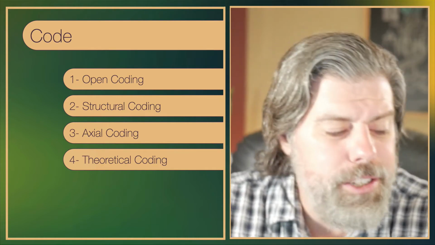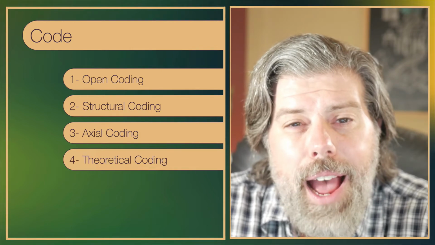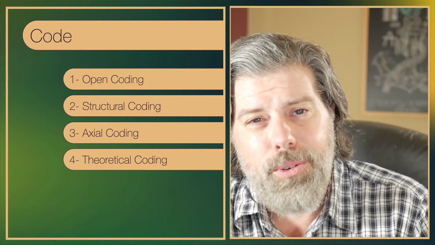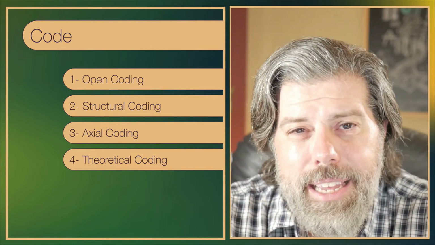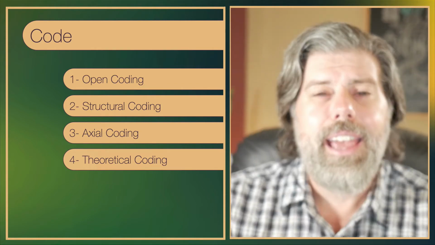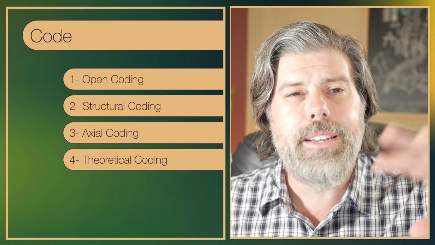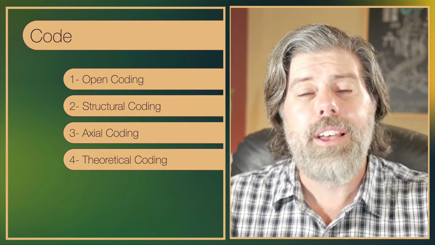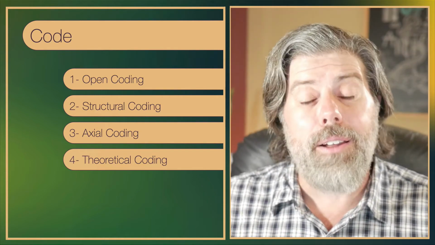Then I want to begin to move into what's called theoretical coding. Theoretical coding is where I begin to find themes. So now I take these 300 categories and I try to identify the themes that are happening in there and begin to give definitions from that, take my categories, turn them into themes, and from that create sub-themes and subcategories so that I then have a structure about my data.